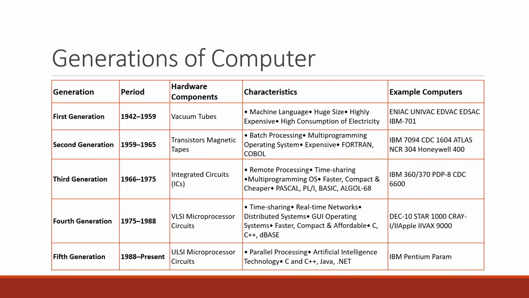The latest emerging technologies are artificial intelligence, machine learning, and robotics, developed in the present era. Machines developed in this generation include IBM, Pentium, and Param.